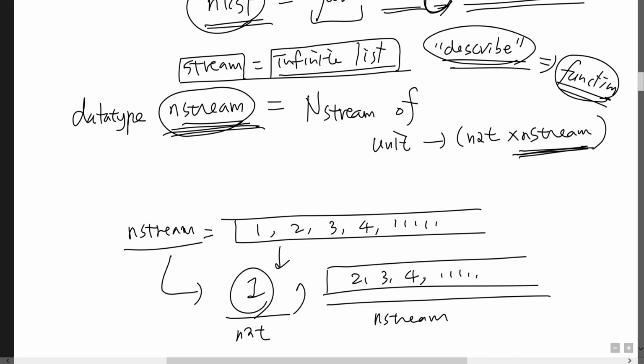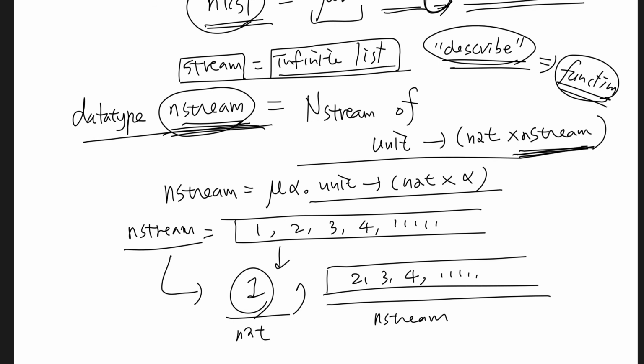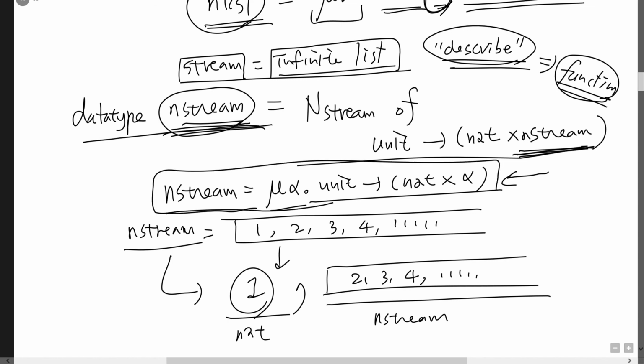So this is an example of a recursive type that does not use a sum type. Basically NAT stream is a solution to this equation: mu alpha dot unit arrow NAT times alpha, and here there is no sum type. The lesson here is that it's not required to use a sum type in the definition of a recursive type, as exemplified by this natural number stream where we don't have a sum type.